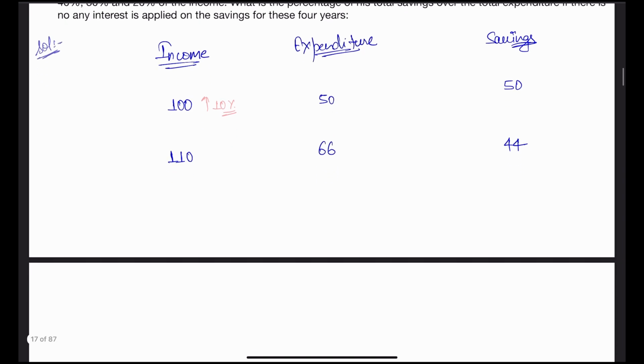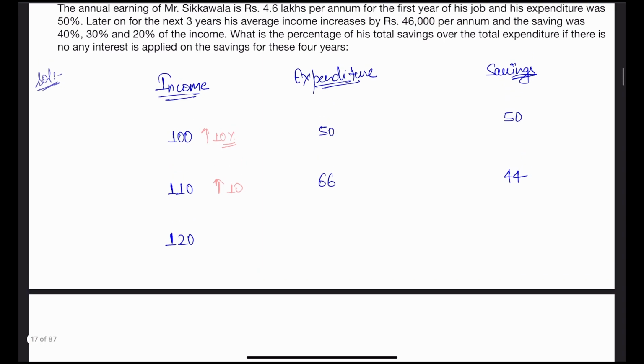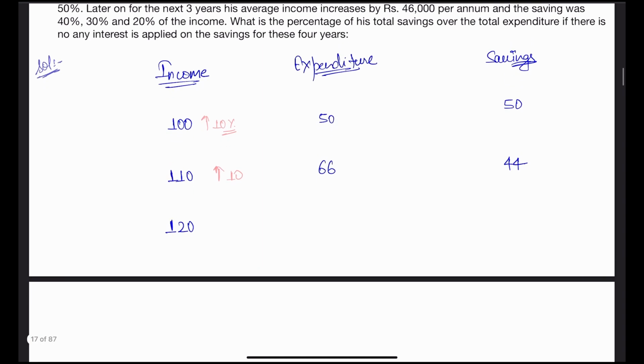Then again, for the next year 10% is increased. So this 110 will become 120. And on 120, 30% is the saving. So 36 rupees is the saving, and 84 rupees will be the expenditure.